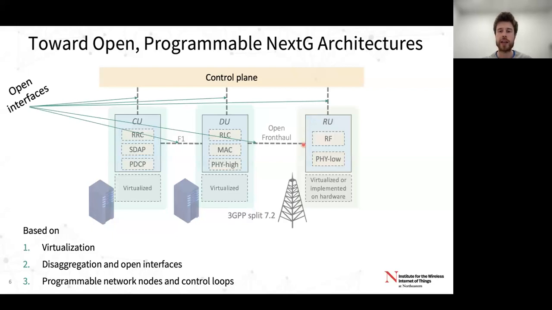So the idea is that you can have these different components developed by different vendors, and then each one of these components implements these open interfaces, and then you can use the interfaces to interconnect components even if produced by different vendors, which is very different from what happened in traditional networks where components were not really interoperable.